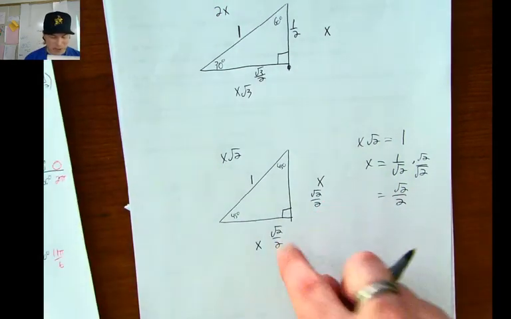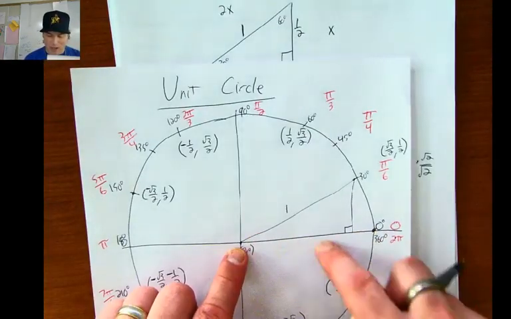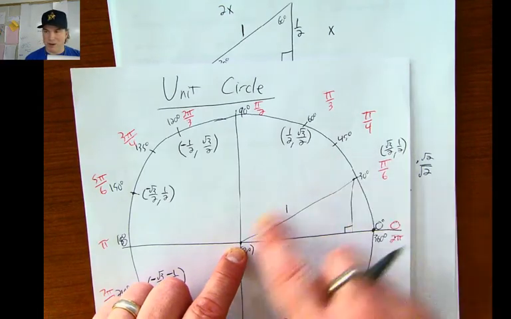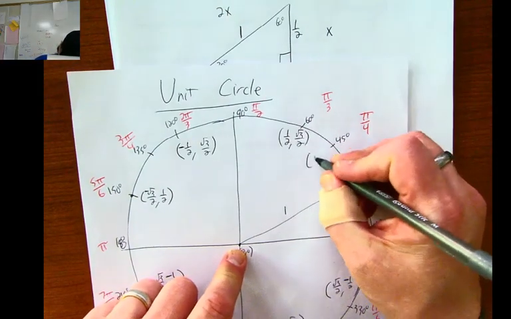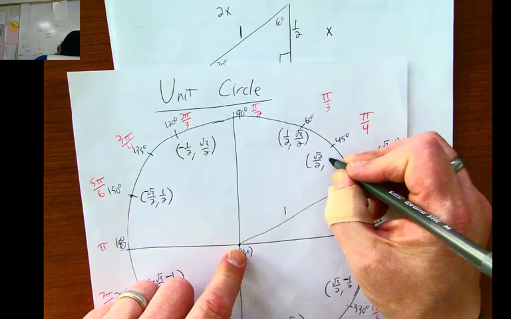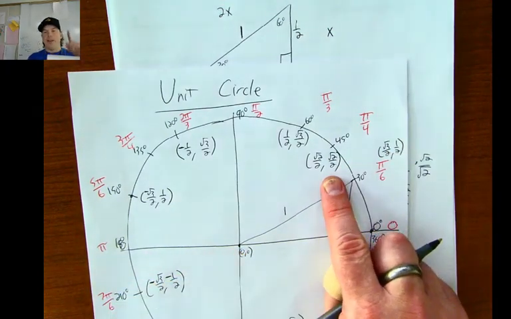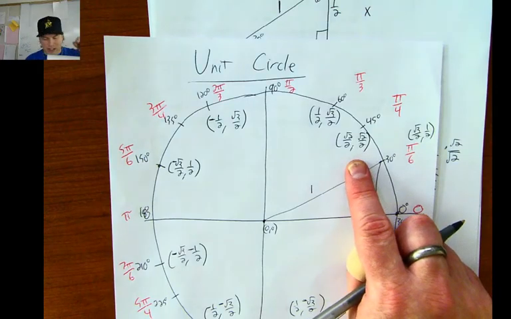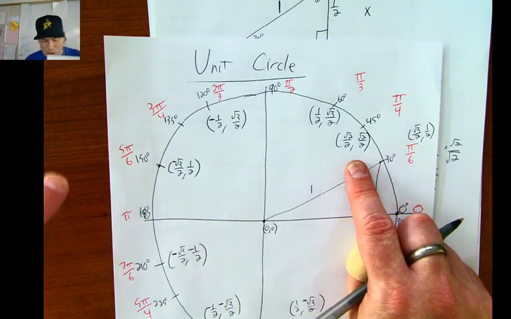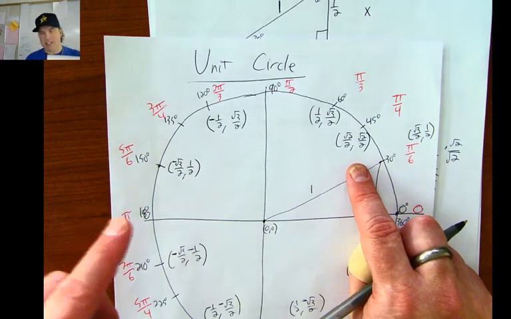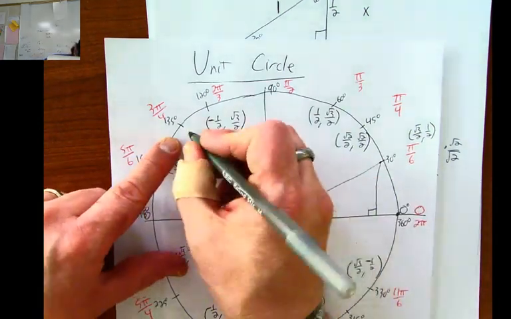And if we were to put this triangle right here on 0, 0, this coordinate would be root 2 over 2 and root 2 over 2. Now, what angle in the second quadrant has a reference angle of 45 degrees? Well, that's 135 degrees.